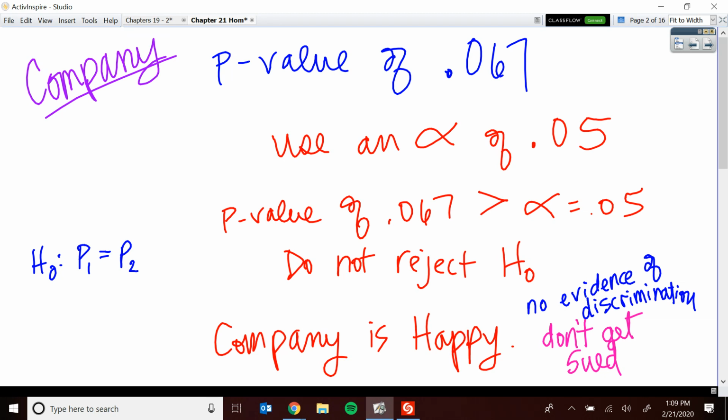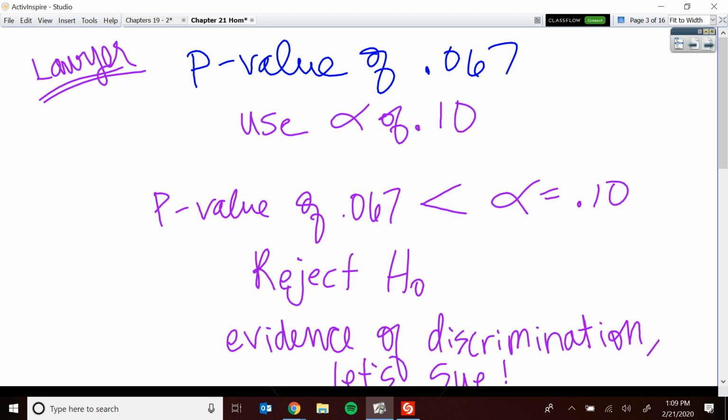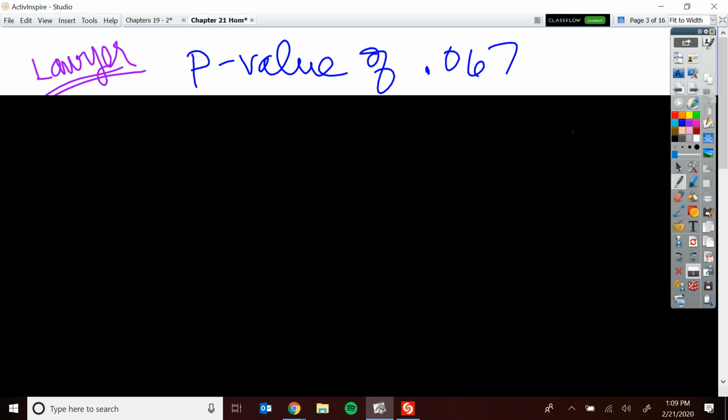But what if somebody comes in and changes the game and says, hey, we're the ones paying for this survey. We want to really be able to detect if the company is discriminating. So we're going to make an alpha of 10% so that the top 10% of data would reject the null hypothesis.